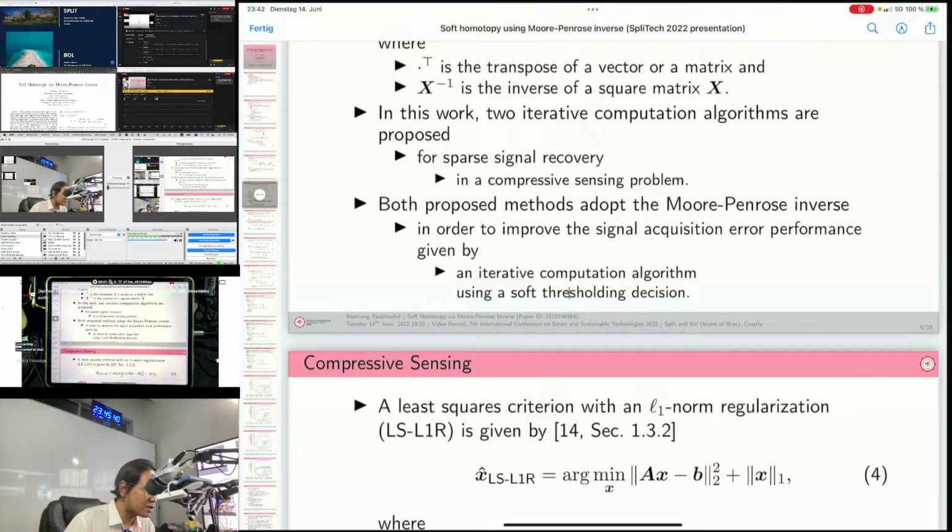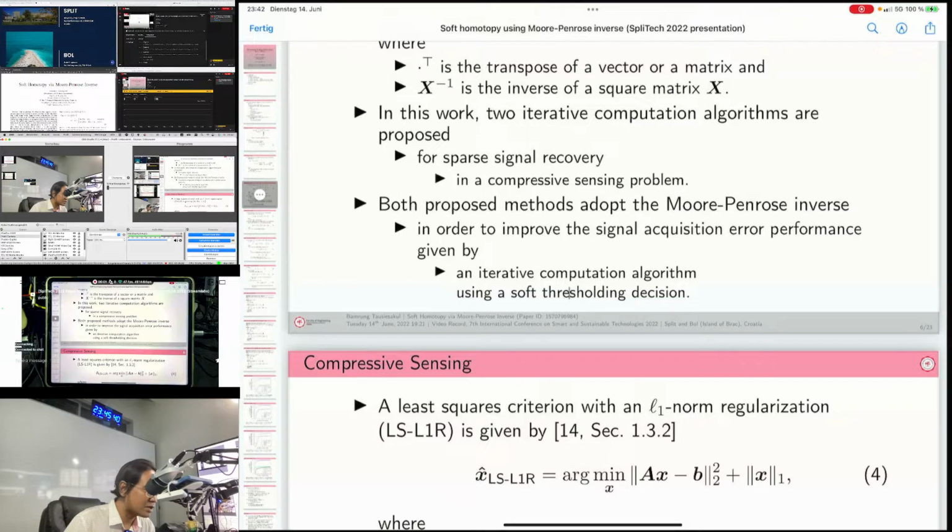Previous work includes LS-L1R, which is the least squares criterion with L1 norm regularization. Another related method is L1-IRLS, which is also a regularized criterion based on the L1 norm.